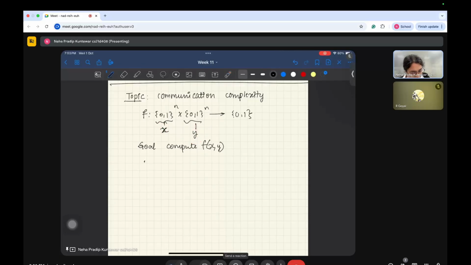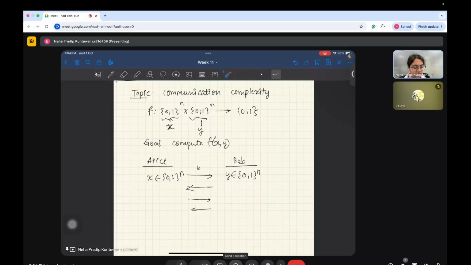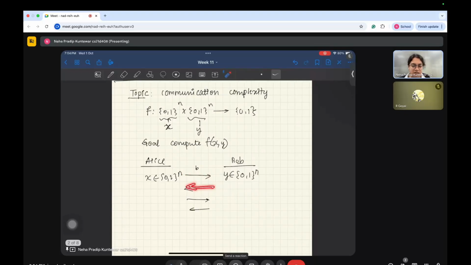So Alice knows partly the input. Alice has the first half of the input, let's say, and Bob has the other half of the input. Alice doesn't know Bob's input, and Bob doesn't know Alice's input, but they can communicate amongst themselves. So these are the bits 0 and 1, and it need not be that once Alice sends one bit, then Bob sends another bit, and so on.